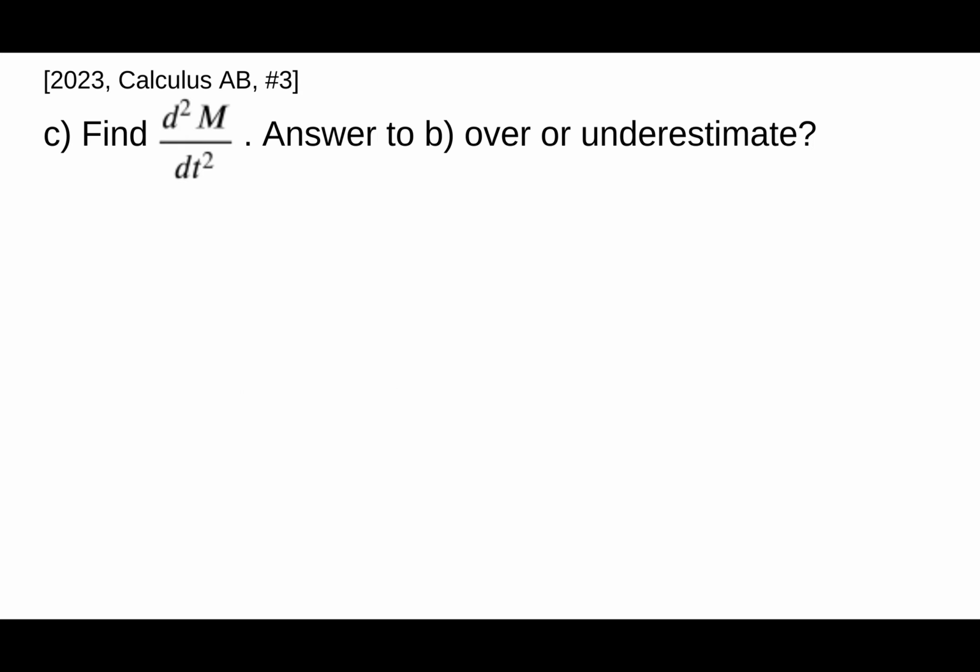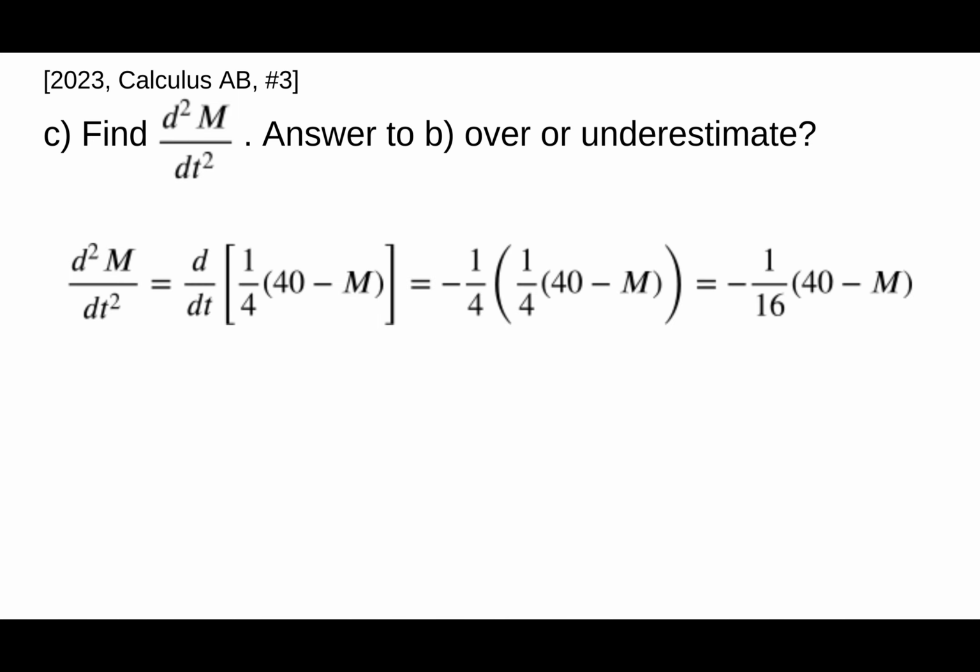In part C of this question, we are asked to find d squared M dt squared, the second derivative of M(t), or the derivative of dM/dt, and use that to justify whether our answer that we got in part B for M(2) is an overestimate or an underestimate. So to find d squared M dt squared, we take the derivative of dM/dt.